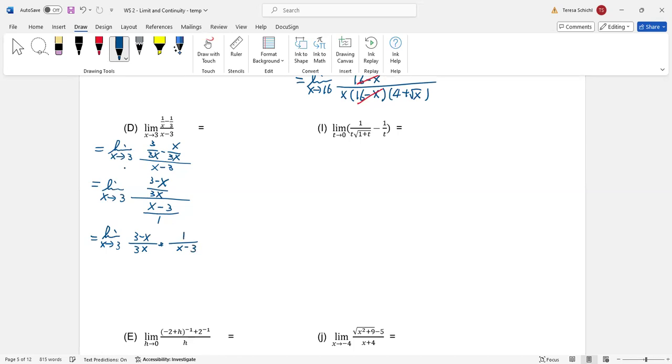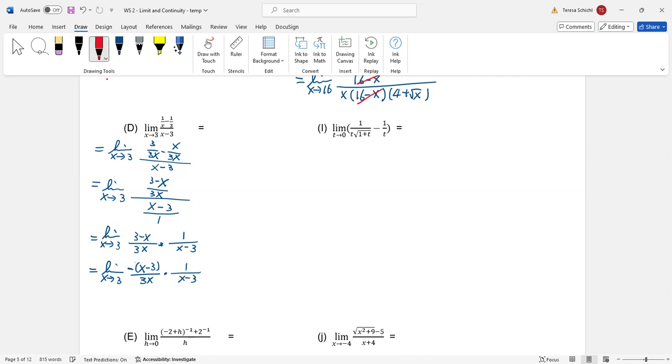Then you see, this is 3 minus x and this is x minus 3. So they are only different by a negative sign. So what can you do? You say, hey, maybe we can try this. I put the negative out here. So then this term becomes x minus 3 times 1 over x minus 3 here.